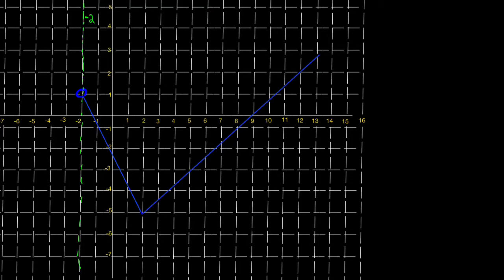And now let's look at the point that is farthest to the right. So if we look here, we can see that no point is being specified here. So we're going to go under the assumption that this is an arrow and it's extending forever on the right. So we come to the conclusion that we can't get the point that is farthest to the right because this is going to keep on extending forever.